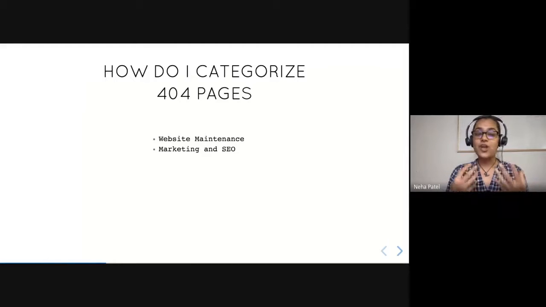And as we all know, anything you do on the website also affects your marketing and SEO. Anything on your website, if it's slow or if it's fast, if there's problems on the website, it affects your SEO. So 404 pages do affect marketing and SEO also. So that's why I would consider it as part of both. It's a website maintenance task, but it's also a marketing and SEO task.